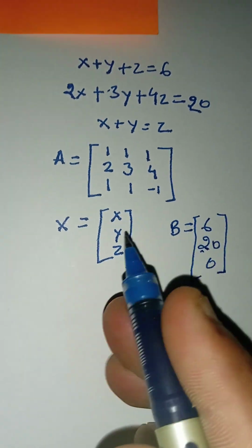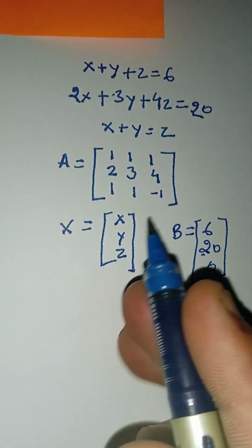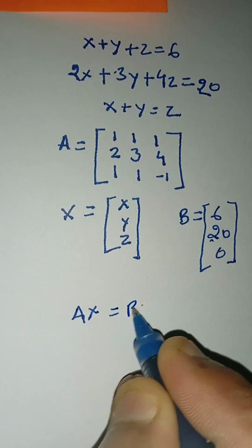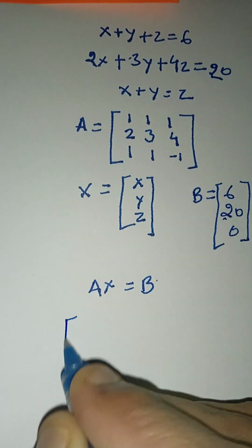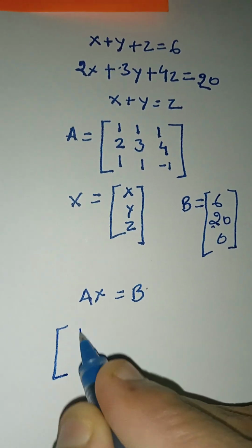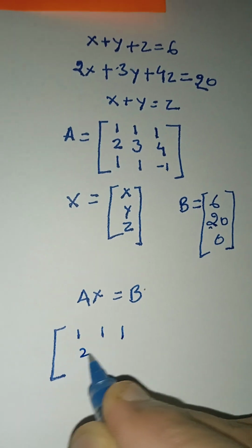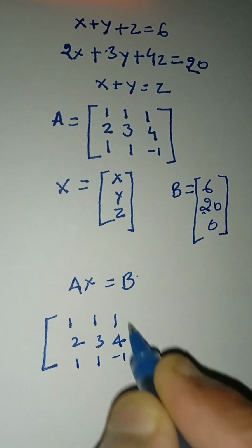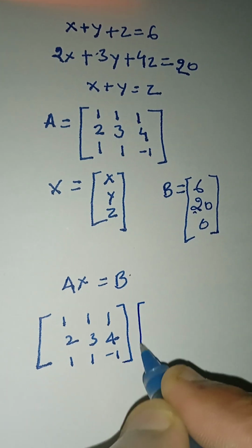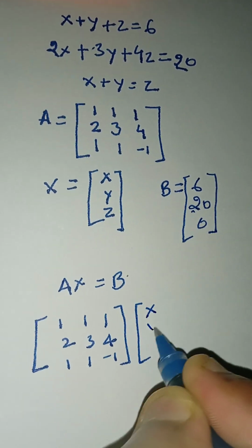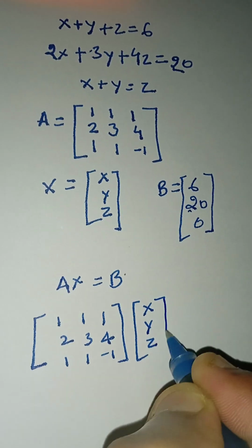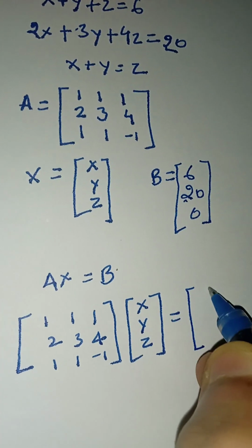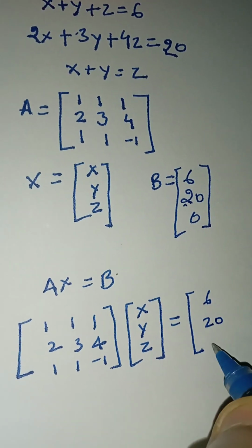Before solving it, let's arrange it in the form of AX is equal to B. So our A is 1 1 1, 2 3 4, 1 1 minus 1. Similarly our X is x y z, and B is 6, 20 and 0.